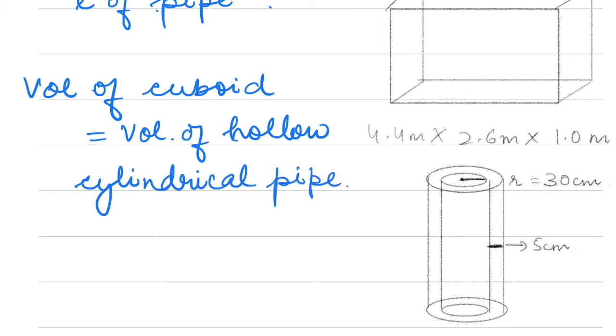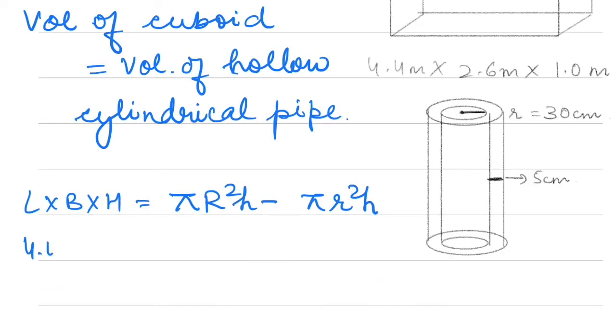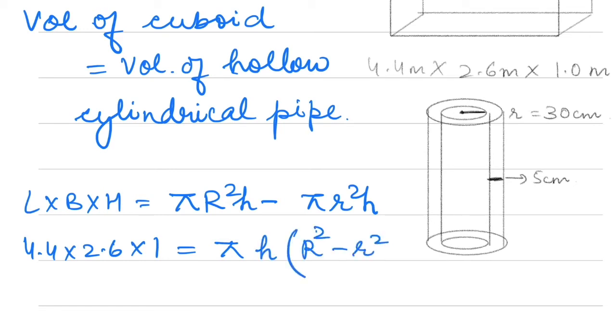So volume of cuboid is L into B into H, which is equal to pi r square H minus pi r square H. So 4.4 into 2.6 into 1 is equal to pi, and H I can take common, times r square minus r square.